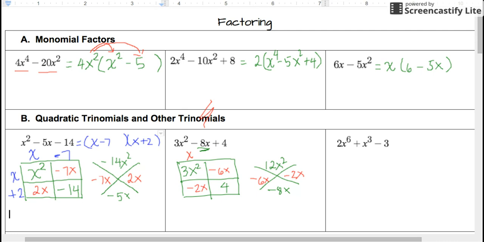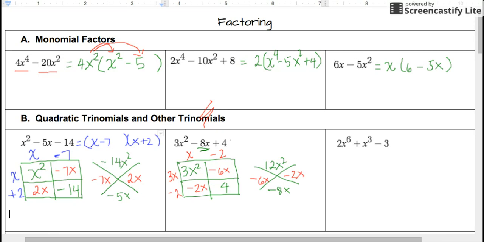So what do I multiply to x to get 3x squared? That's going to be 3x. What do we multiply to 3x to get negative 6x? That's going to be minus 2. And what do we multiply to x to get negative 2x? That's going to be minus 2. Is this correct? X times 3x squared, negative 6x, negative 2x, positive 4.